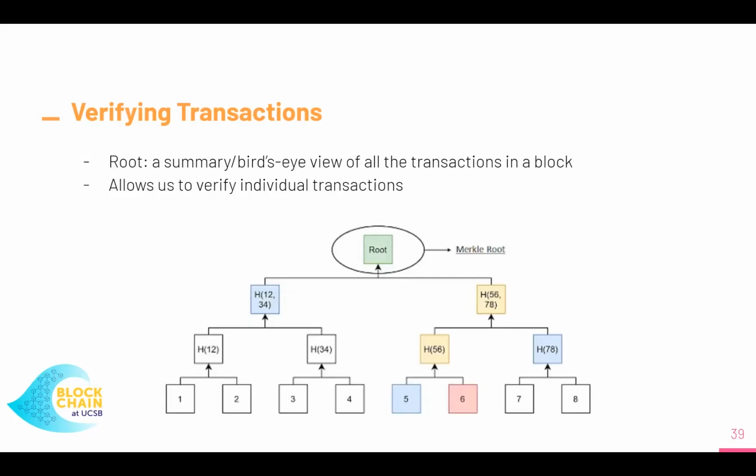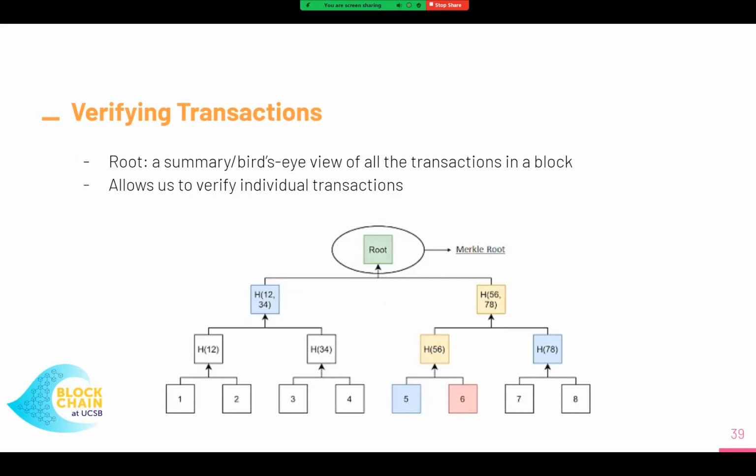Speaking of blocks, structure of a block. Okay, never mind, not a structure of a block. But here we see something fairly important. This is a way of storing transactions on the blockchain.